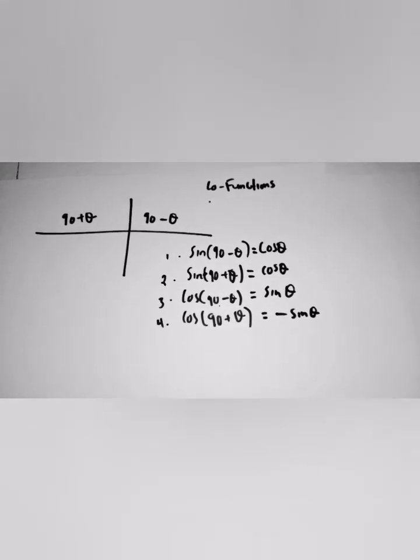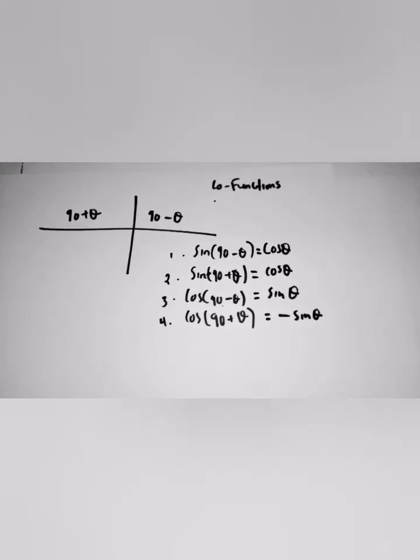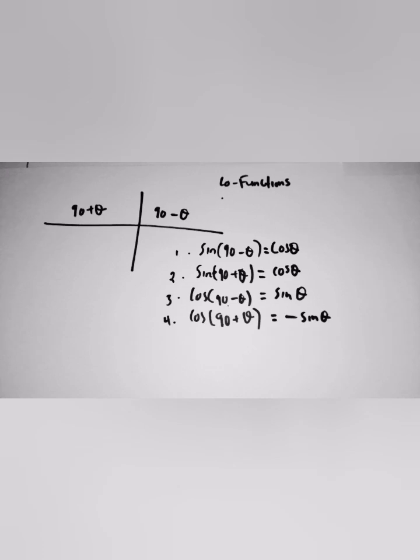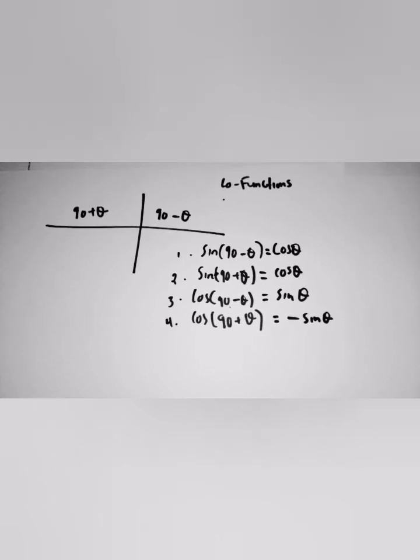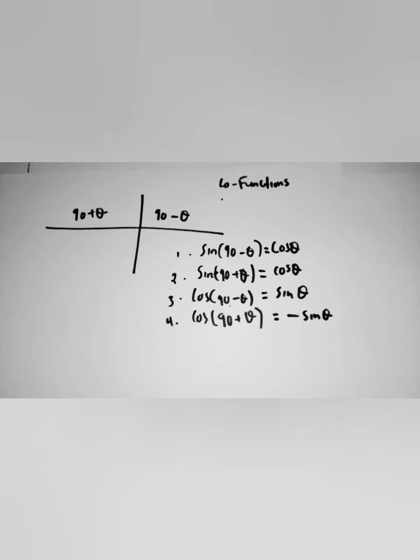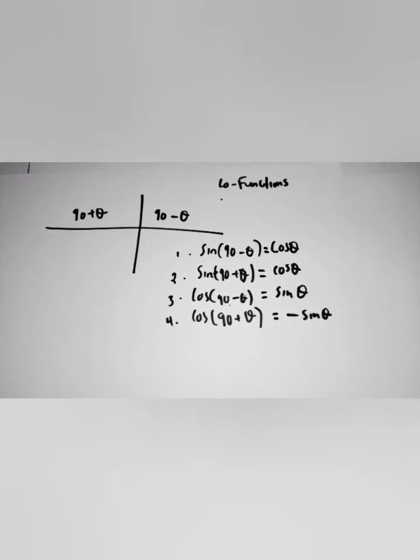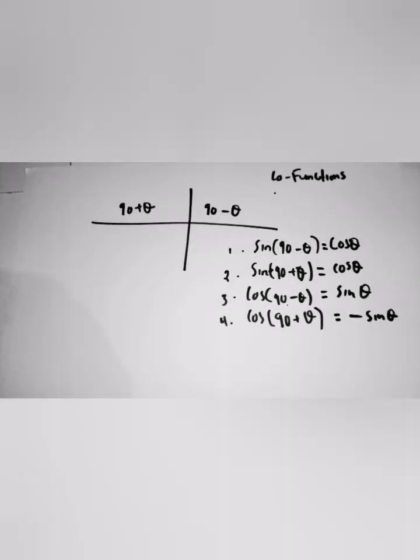So you must know this as I am showing you here. You can go and ask your teacher why they are changing, but focus, you must know that it is changing because you're dealing with the cofunctions. That's very important.